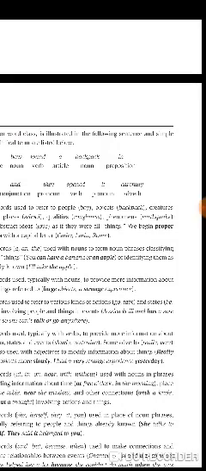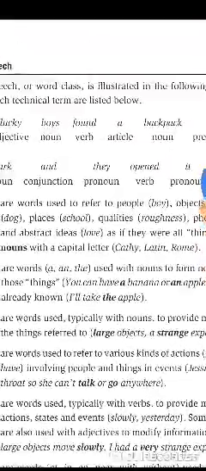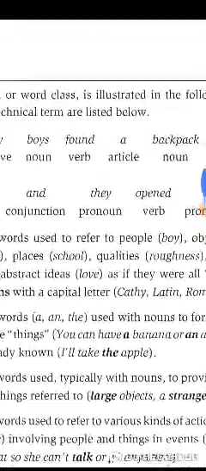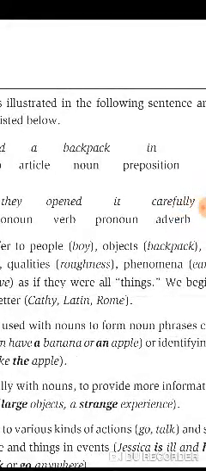Now let's read the second line and understand the parts of speech here. Look, the is an article. Lucky is an adjective. Boys is a noun. Found is a verb. A is an article. Backpack is a noun. And in is a preposition.